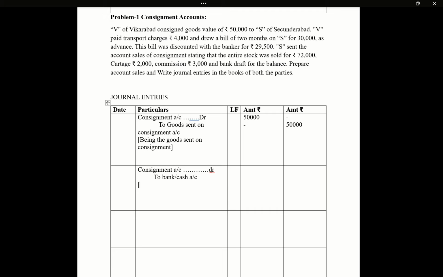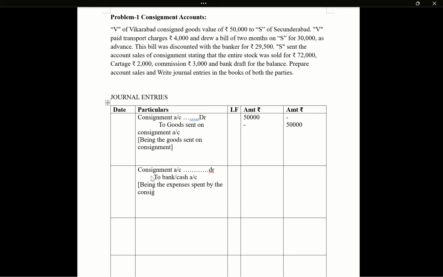Here narration will be being the expenses spent by the consignor for sending the goods. Amount is rupees 4,000.